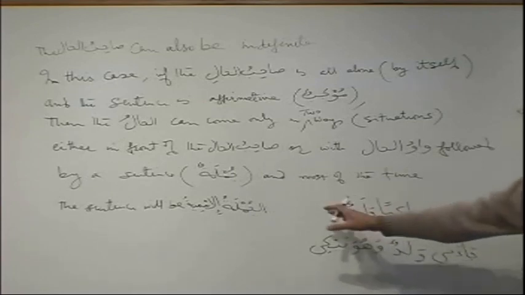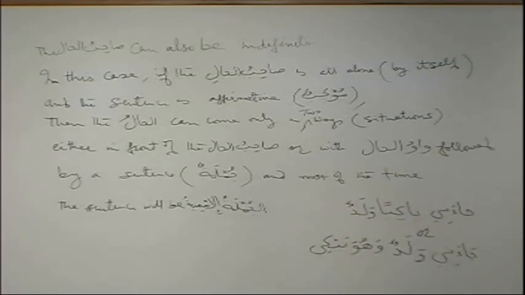But he came to me in the state of crying. So, Ja'ani waladun, and if I say waladun, then I cannot say baqiyan after it. I have to say baqiyan before it. Otherwise it would be incorrect.